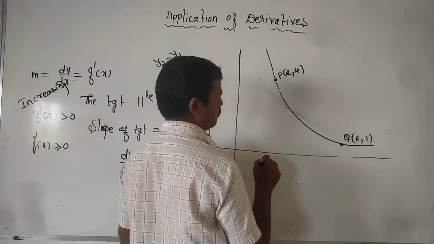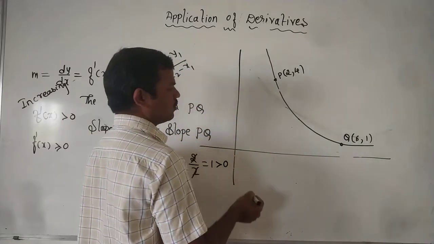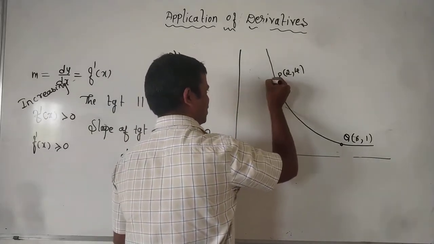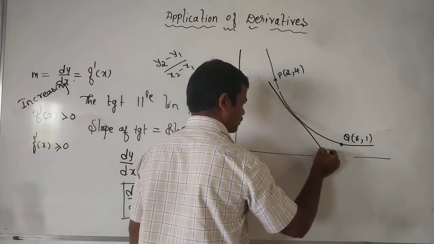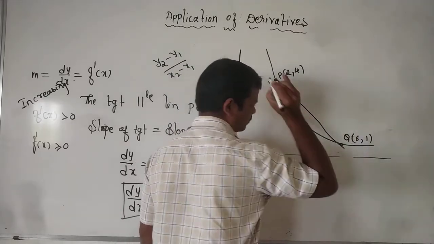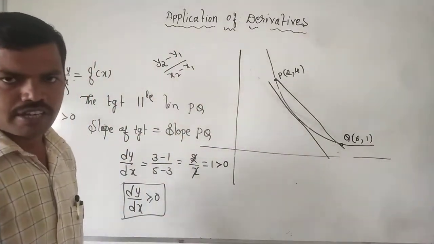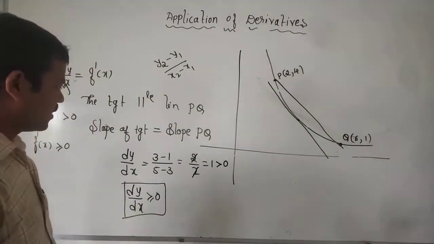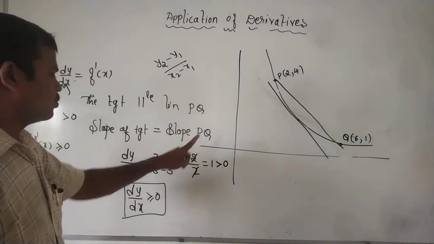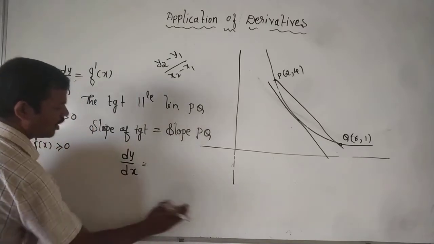We consider (6, 1). There is a tangent to the curve at this point, and this is the line which we draw. These two are parallel. If they are parallel, the slopes are equal. Slope of the tangent is equal to the slope of PQ. What is the slope of PQ? That we have to find.